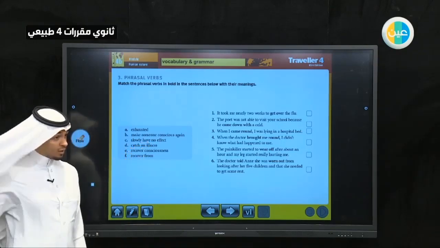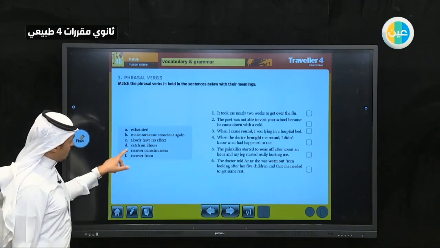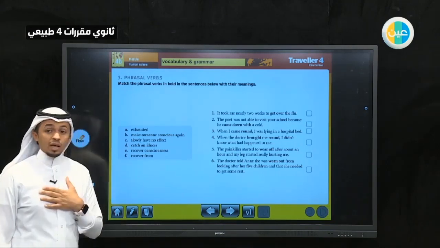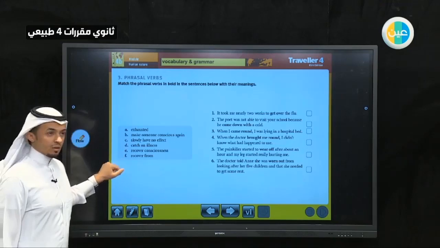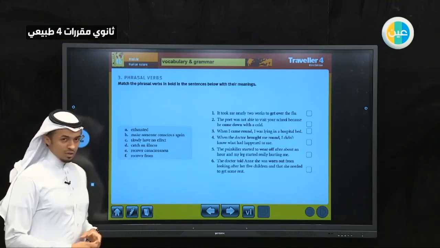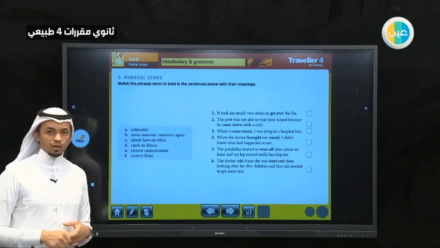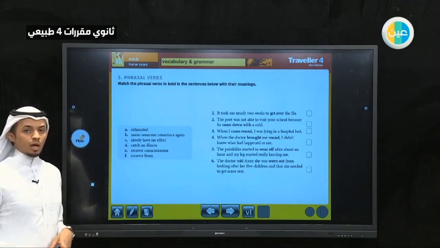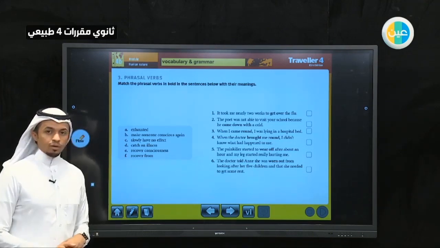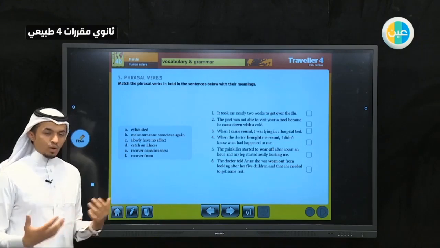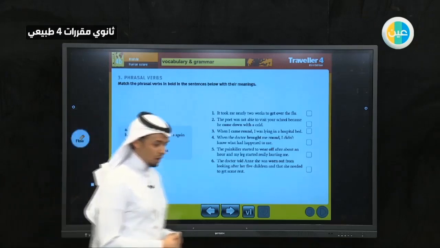D, catch an illness, he gets sick. E, recover consciousness, when he comes back from the unconscious situation. F, recover from. He was sick and now he is recovering, which means he is starting to feel well.